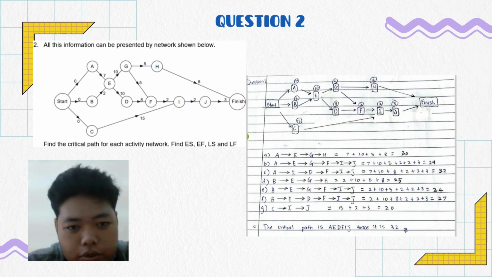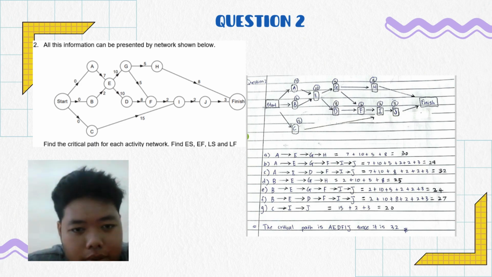Starting with A, we go to E, G, and H, and finish. Next is from A to E, G, F, I, J, and finish. Next is A, E, D, F, I, J, and finish.